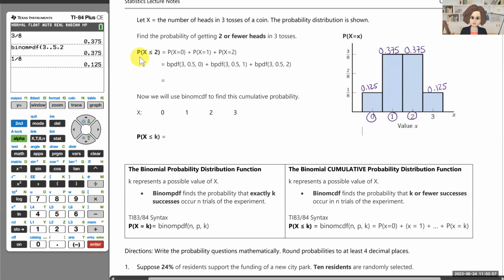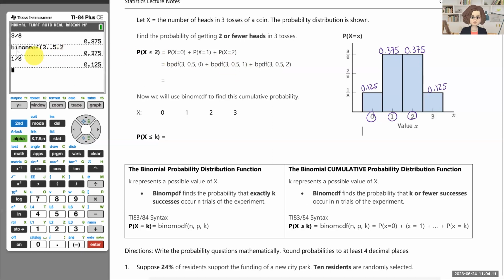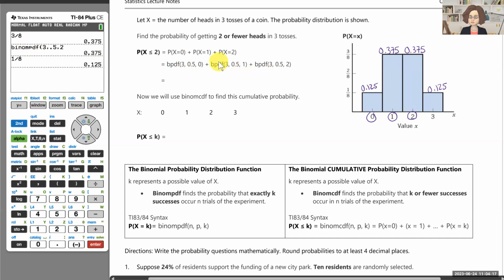On the calculator, we would have to find the binomial PDF for X equals 0, X equals 1, X equals 2, and then add those 3 together. That can be a little bit tedious, especially if we end up having a sequence of more terms that we have to add, but we could certainly do it that way.